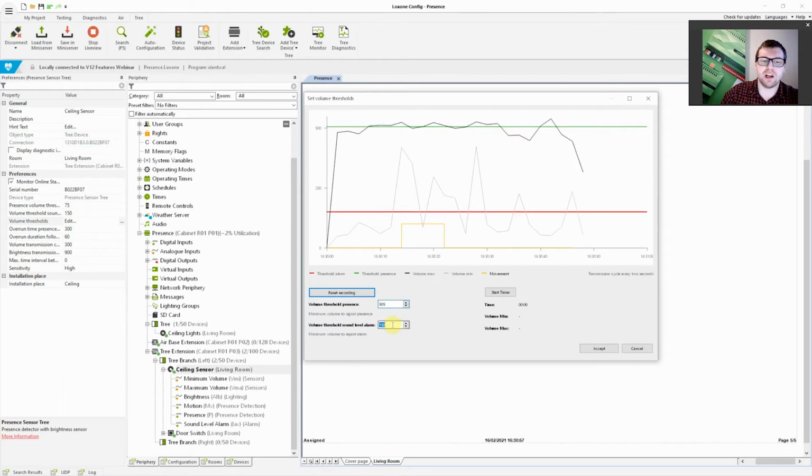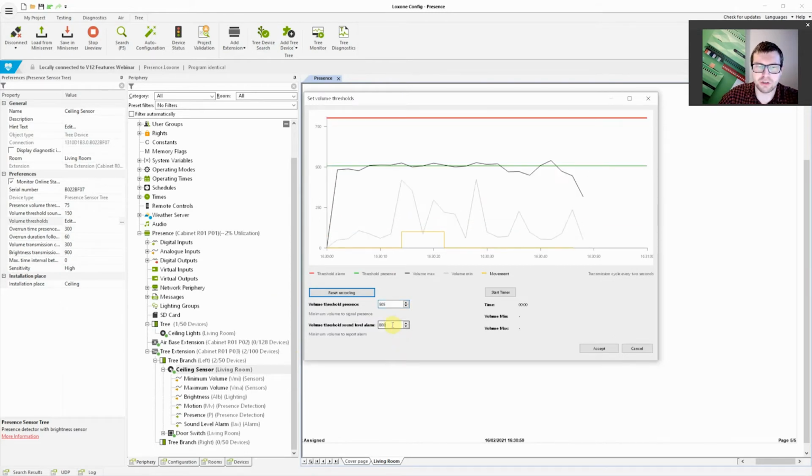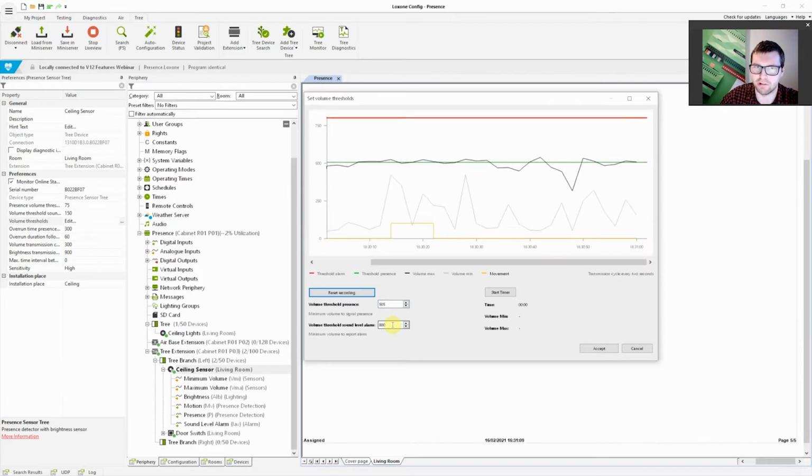My sound level alarm threshold should be high enough that my normal daily use in this room isn't going to trigger it, but for instance a smashing of a window or a very loud noise like me yelling out would then trigger it. So that's my volume level for presence set and my volume level for alarm set. Once those are done, press Accept.